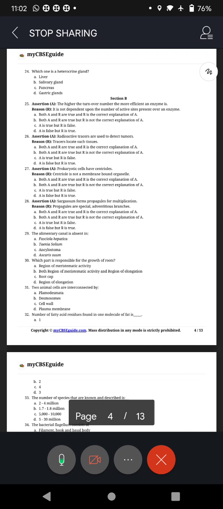Question 28. D. A is false but R is true. Sargassum exclusively multiplies by fragmentation process. Okay? So propagules will not be there. Question 29. Answer is B. Taenia solium. The alimentary canal is absent in Taenia solium.